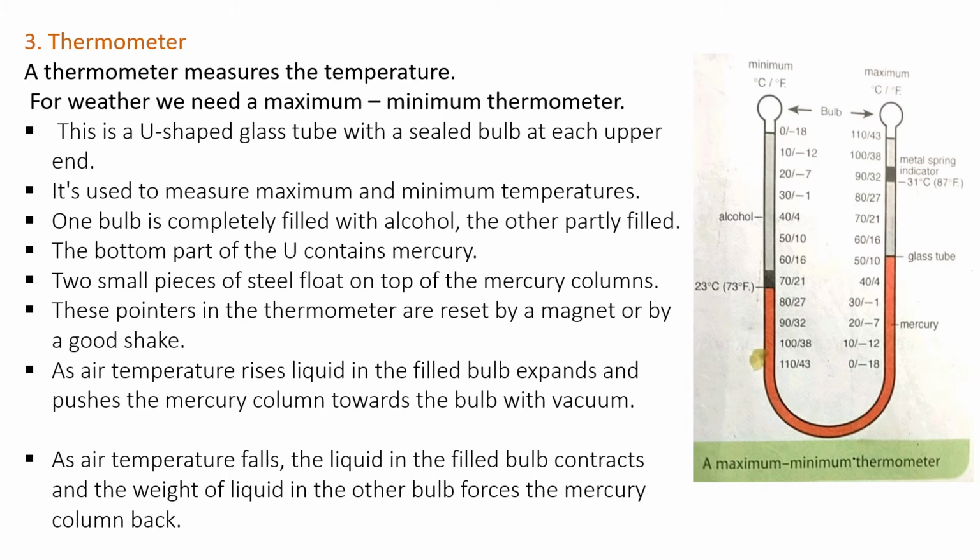As air temperature rises, the liquid in the bulb expands and pushes the mercury column towards the bulb with the vacuum. And as the air temperature falls, the liquid in the bulb contracts and the weight of the liquid in the other bulb forces the mercury column back.